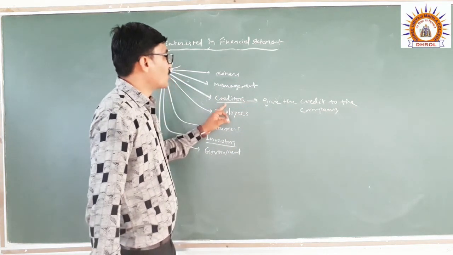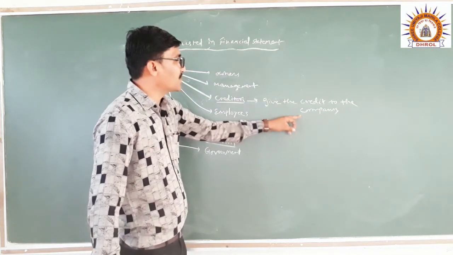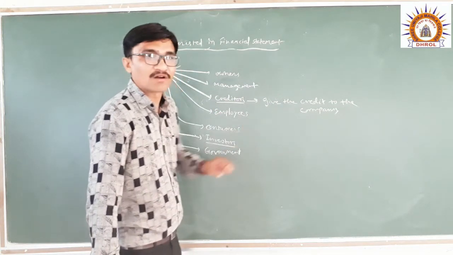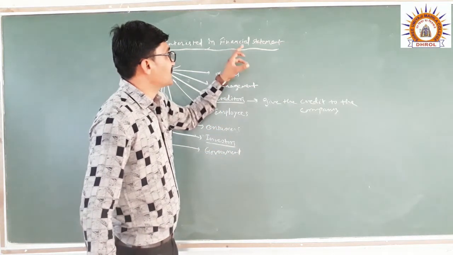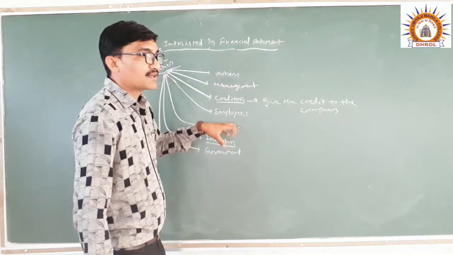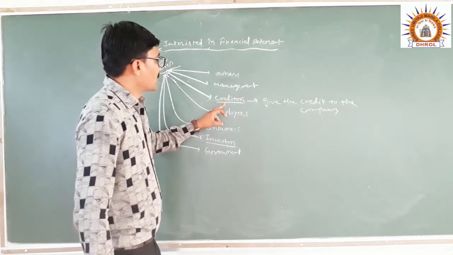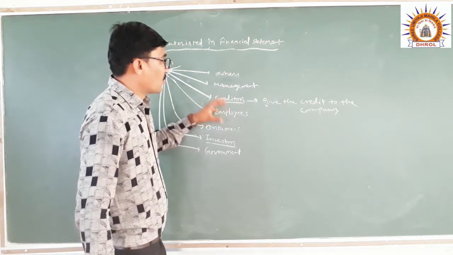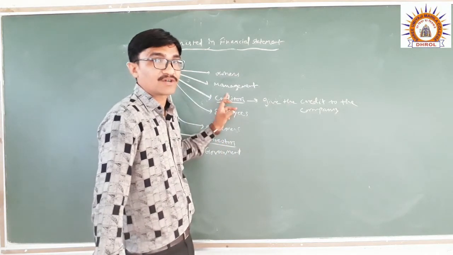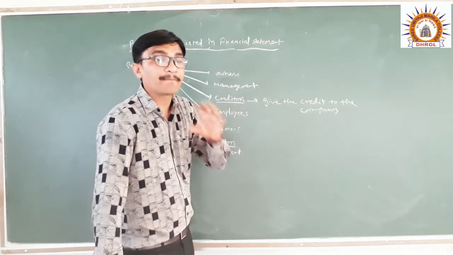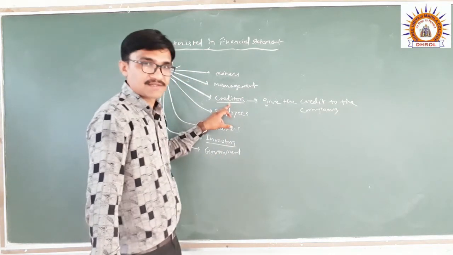It means the creditors give credit to the company in the form of loan, so they want to know whether the financial statement of the company is sound or not. The question of repayment of loan arises, so the creditors want to think about the repayment of their loan.